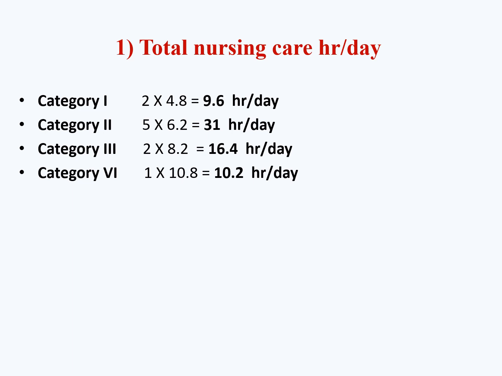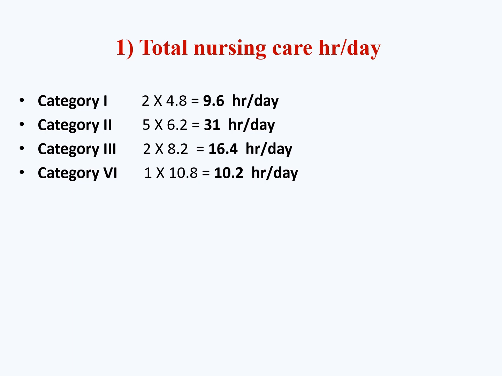Category 1: 2 by 4.8 equals 9.6 hours per day. Category 2: 5 by 6.2 equals 31 hours per day. Category 3: 2 by 8.2 equals 16.4 hours per day.